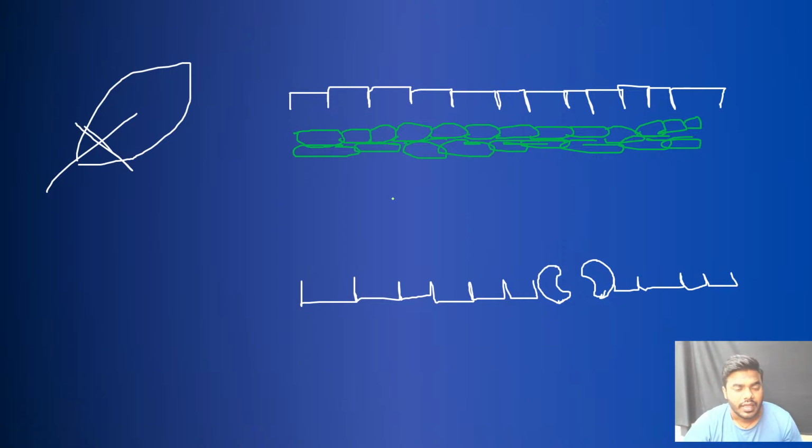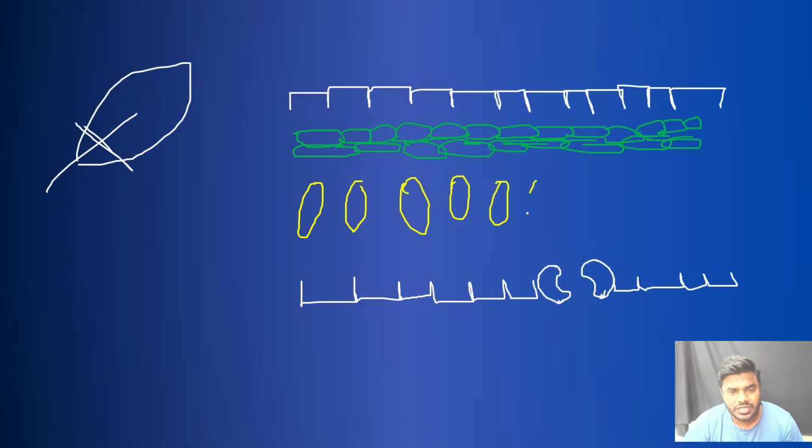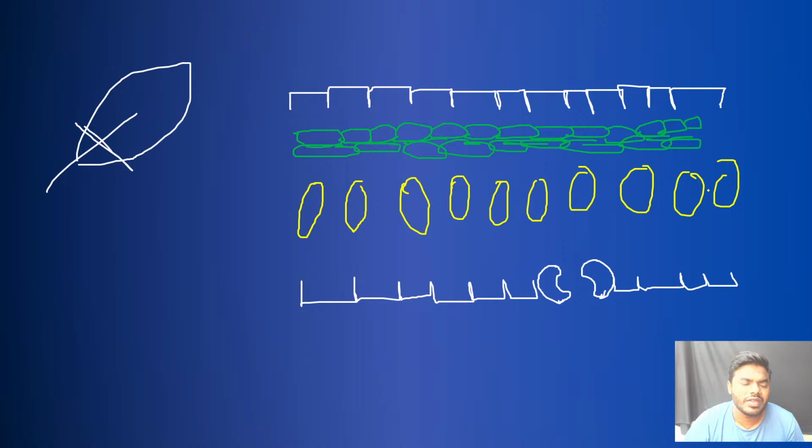Then after the palisade cells, what kind of mesophyll cells are present? Spongy mesophyll cells. You all can see, friends. Spongy mesophyll cells are arranged very freely, and moreover, they have great intercellular spaces.